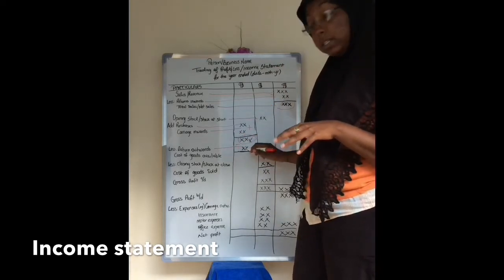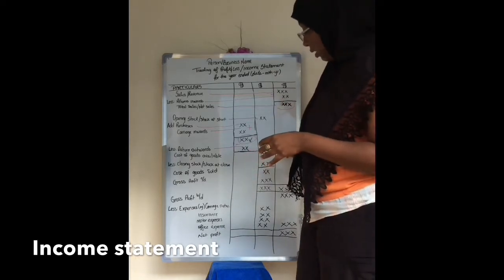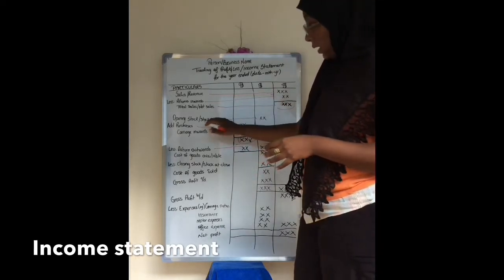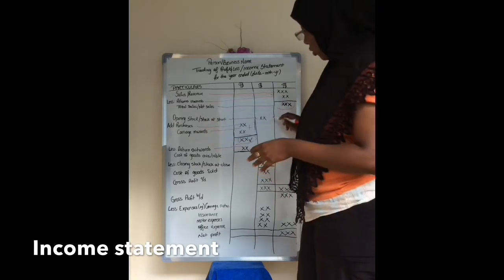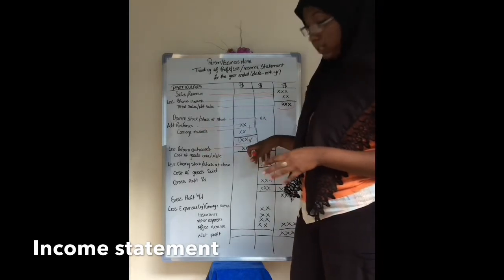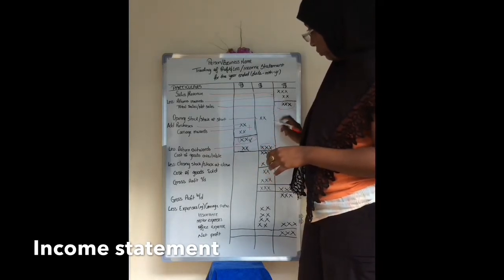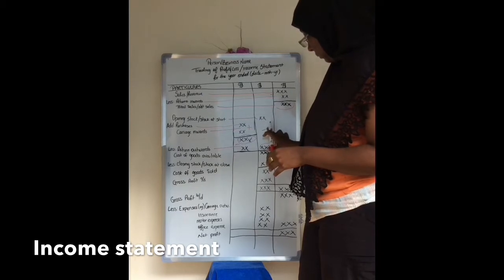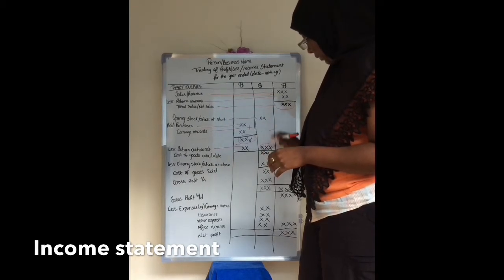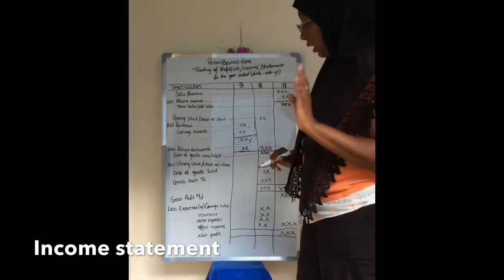Then you add it to your opening stock. So your opening stock plus the figure that you get after minusing the return outwards is going to be your cost of goods available. So these two are added, and you get this figure here, which is your cost of goods available.